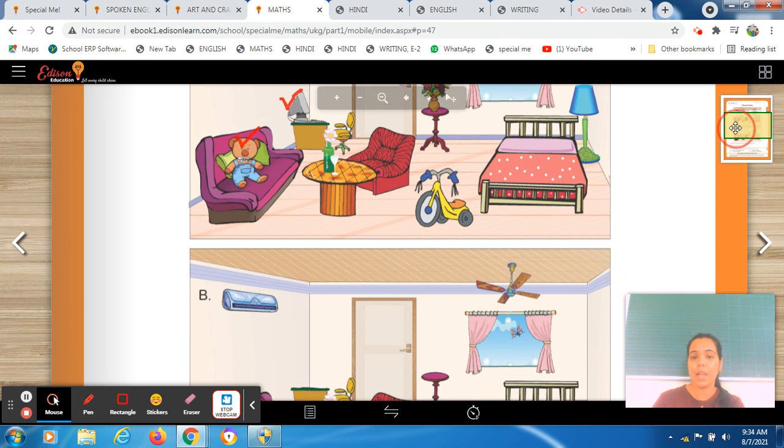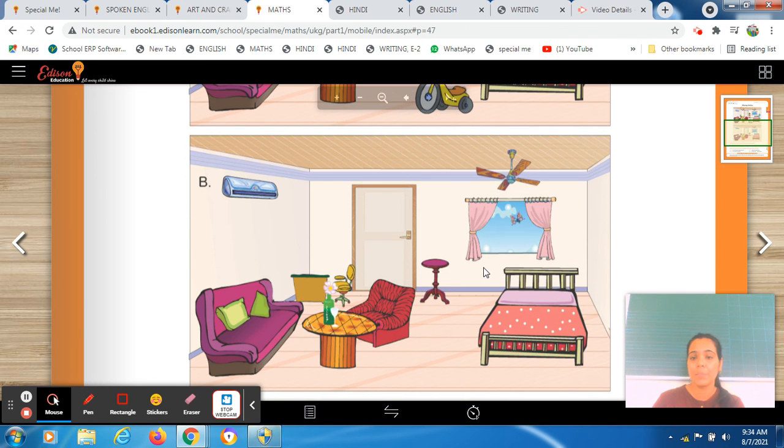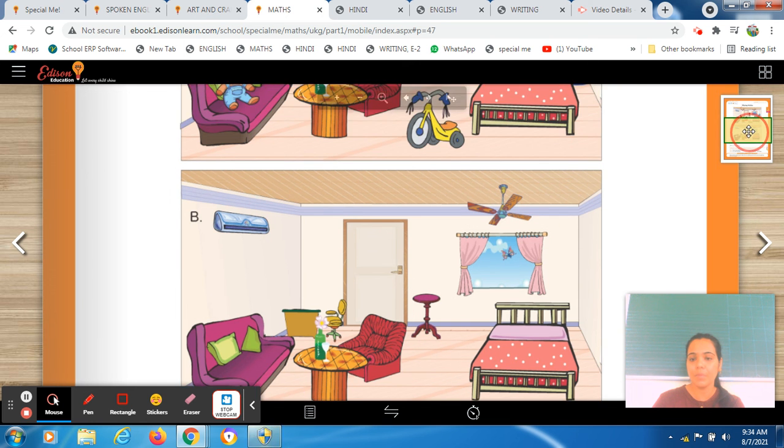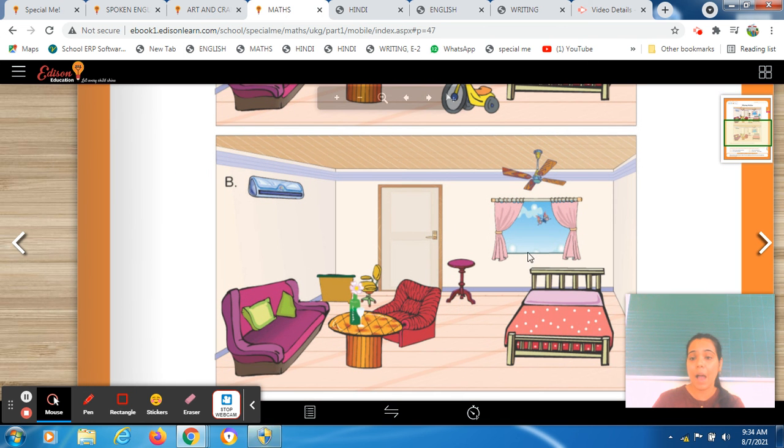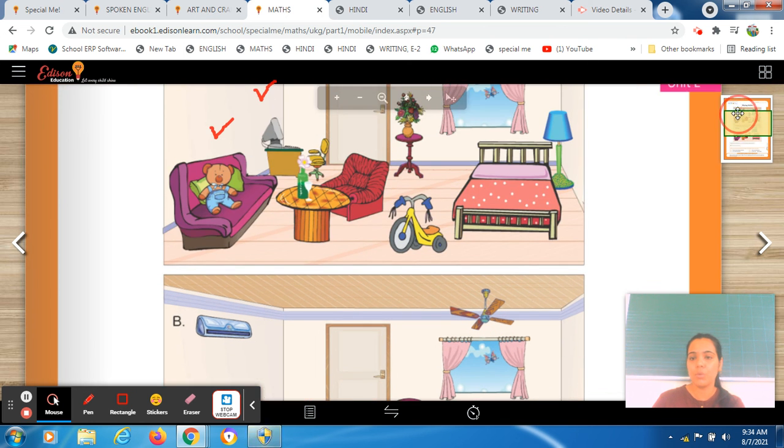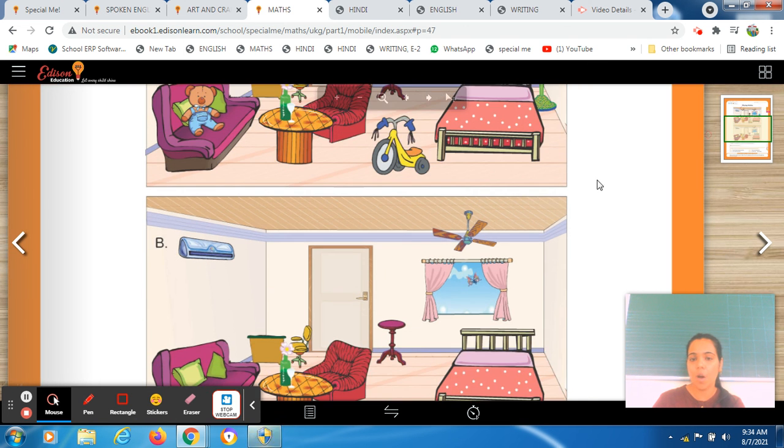Now again we have to find more. So what's next? Which is missing? Lamp. See, there is no lamp. So we will put a tick on lamp. Plus, one more thing is missing. What is this? It's your vase. Vase is not there.